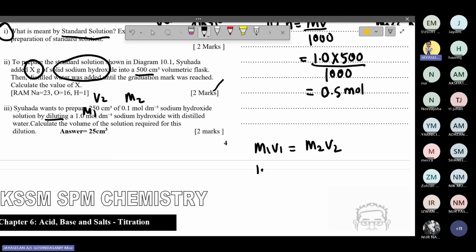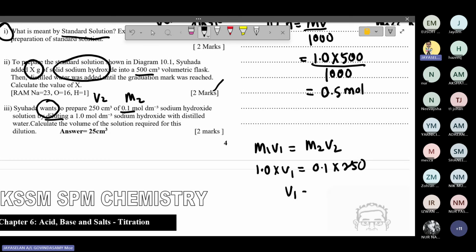So put here 1.0, V1 I don't know. What is the volume of solution required to prepare this? V1 unknown. So M2, he wants to prepare. Look at the key point, want to prepare, right? So M2 is 0.1, your V2 is 250.